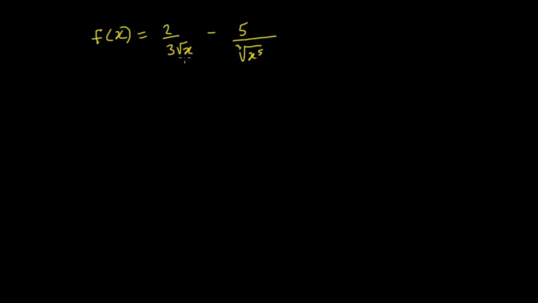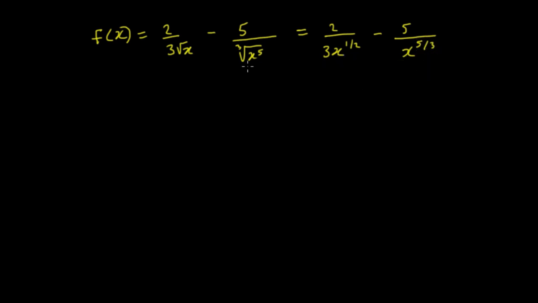So we want this in a format we can use, so we can rewrite that as 2 upon 3. Now the root of x is the same as x to the power of a half. And the second line is minus 5 upon, now the cubed root of x to the power of 5 is the same as saying x to the power of 5 upon 3.